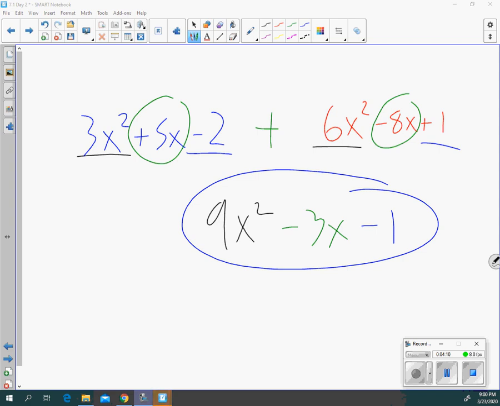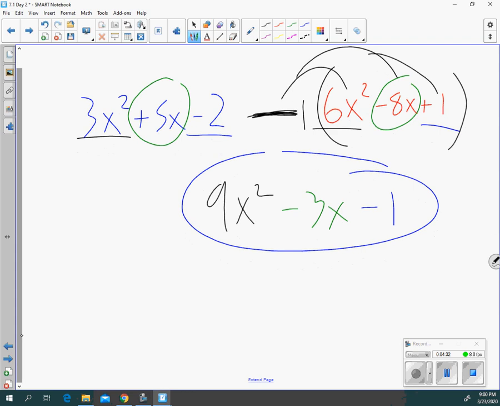The only difference now is instead of putting a plus, I'm going to put a minus here. And what's going to happen is now when we distribute that negative 1 out, it's going to make that a negative 6x squared. And it's going to make that a positive 8x, and it's going to make that a negative 1. Basically, the second parenthesis thing just becomes the opposite numbers, all right?